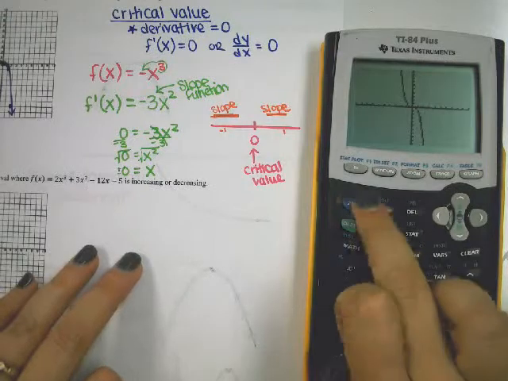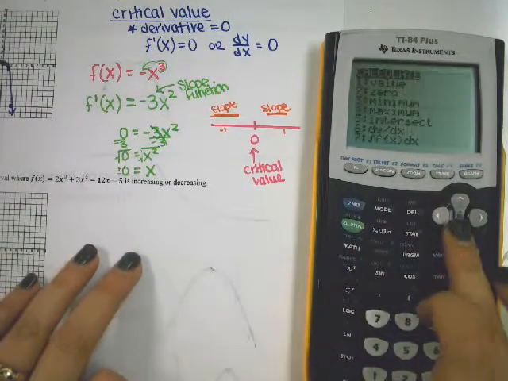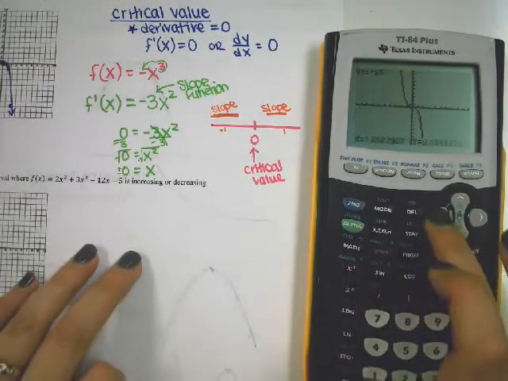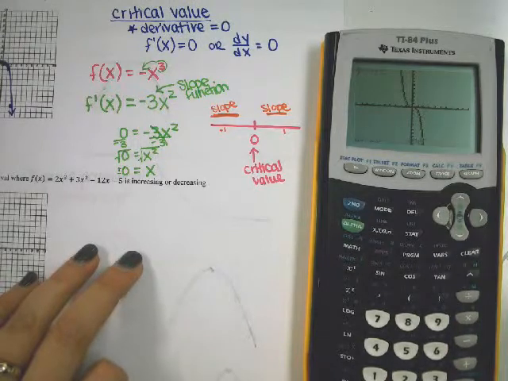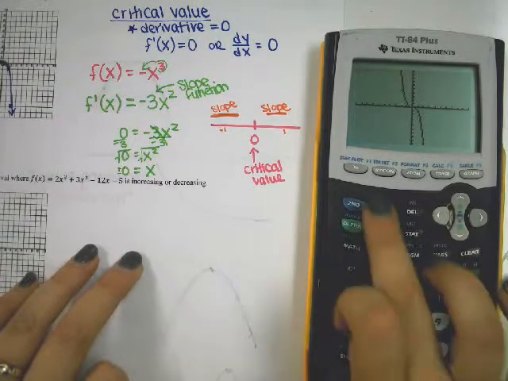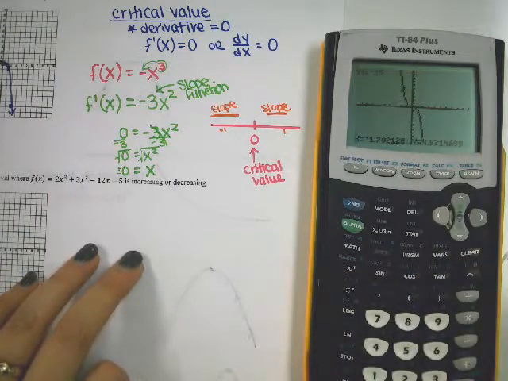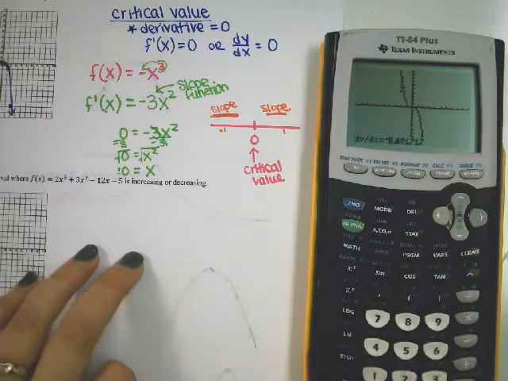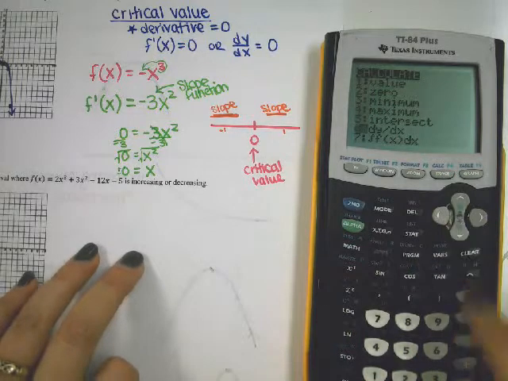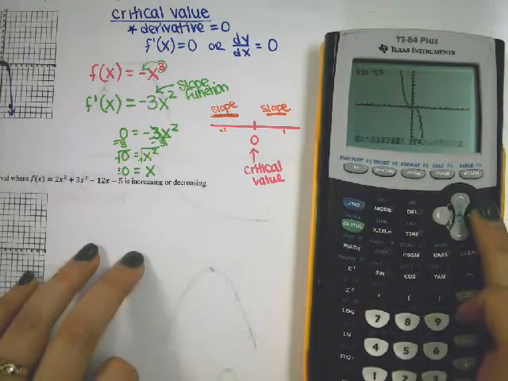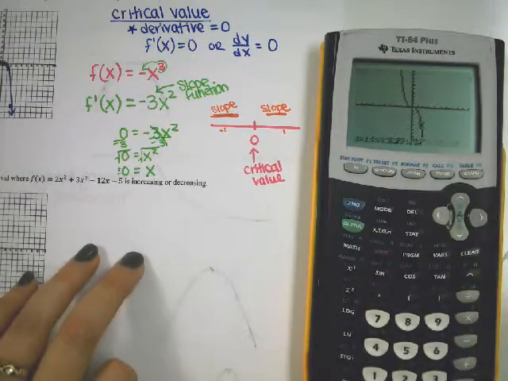Additionally, from the graph of your function, if you remember, you can use second calculate, number 6. You can find the slope over here and see that it's negative. Go to the left, wherever you want. It's negative 8.69 there. And if you go to the right, the slope on the right side of it is also negative, negative 8.69.